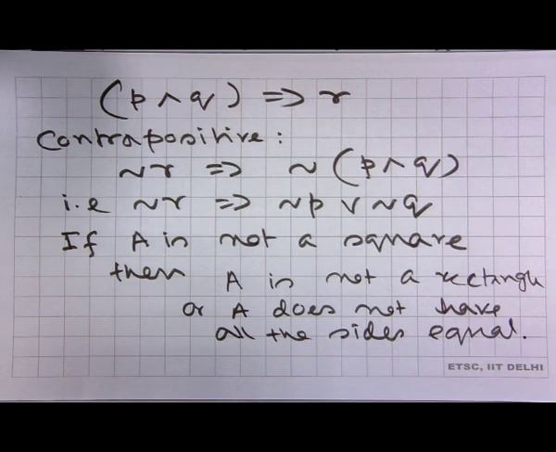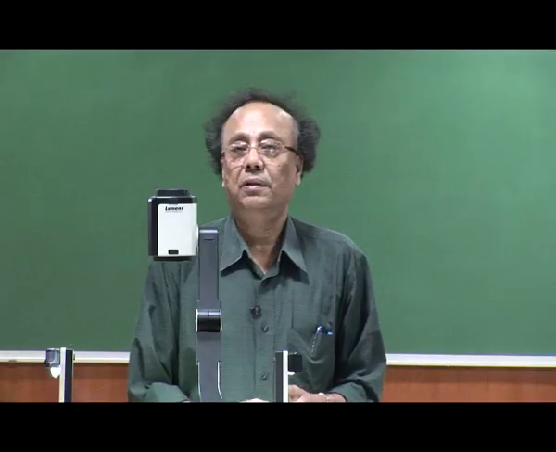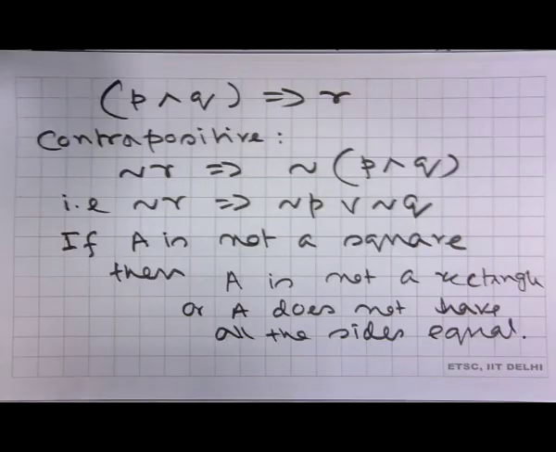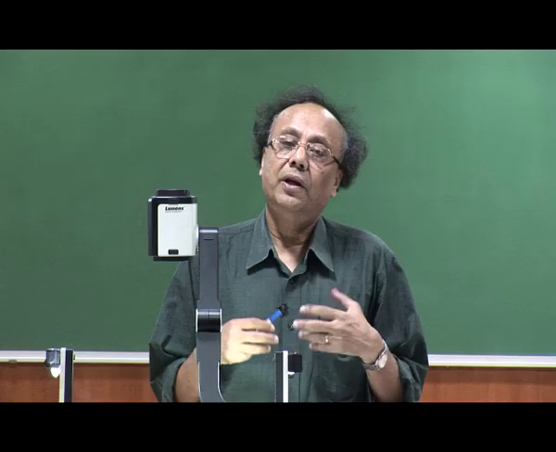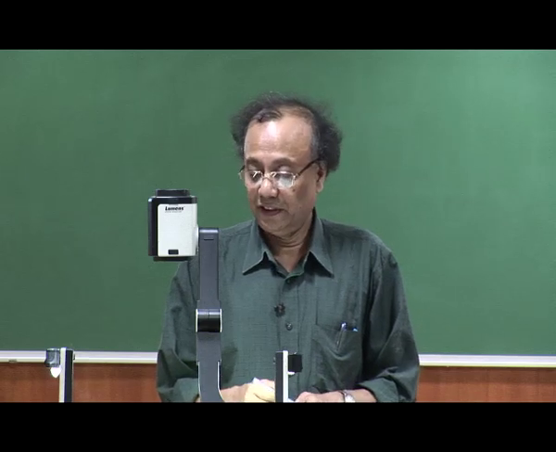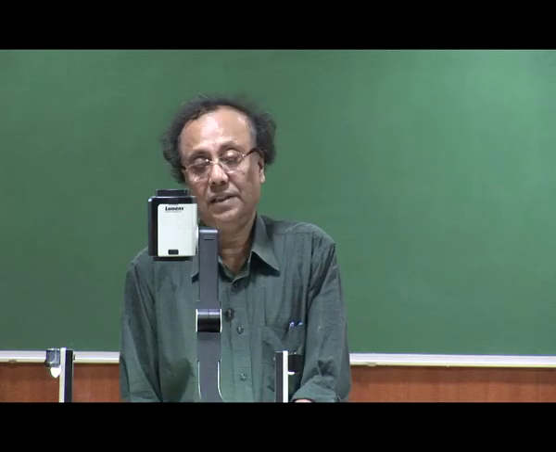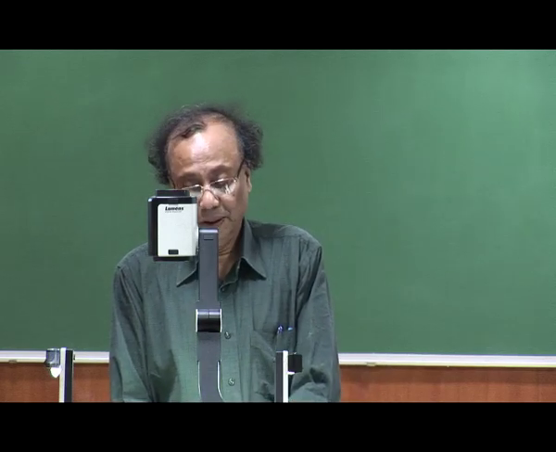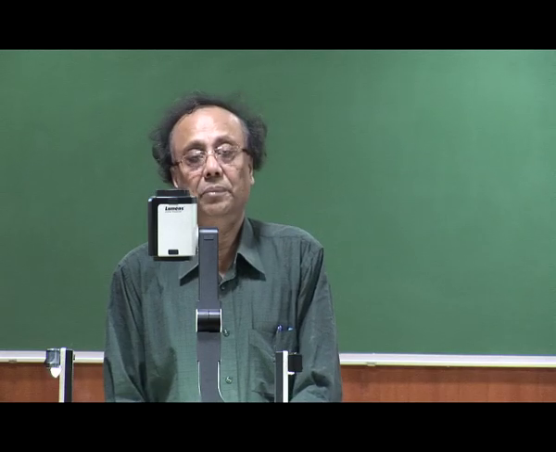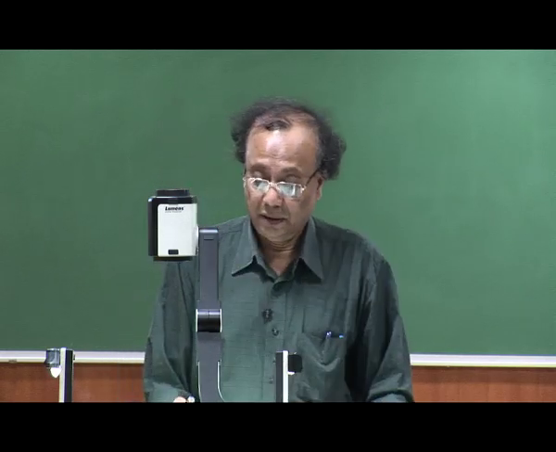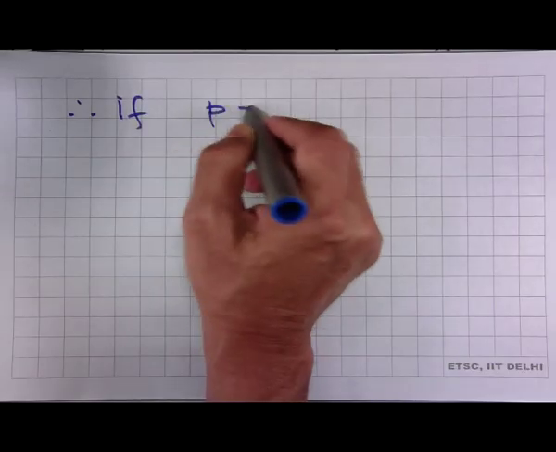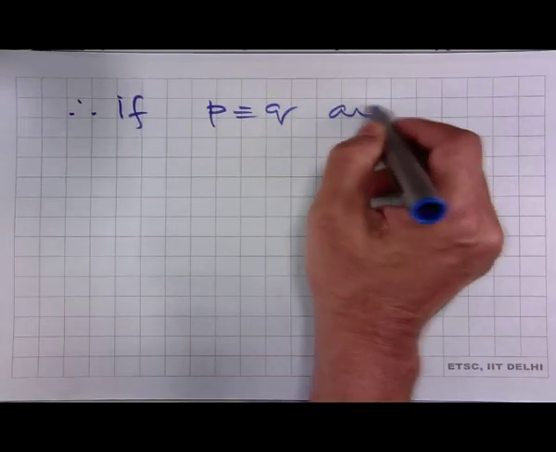Therefore, with respect to this example, we find that the contrapositive is true, the converse is true, and also the inverse is true. This is possible because the original statement P implies Q is equivalent to Q implies P. Therefore, P and Q are equivalent.